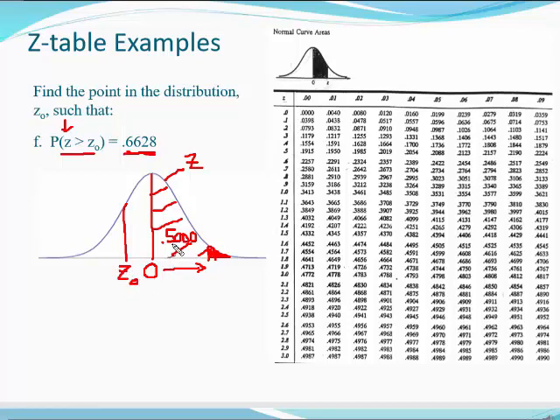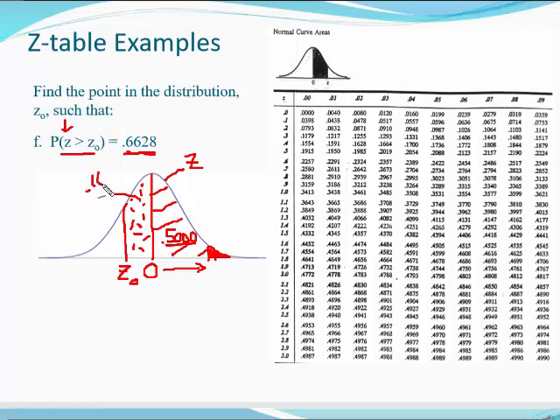So when I look bigger than z naught, I see the 0.5 here, and then I see this additional amount. This probability, if I want the total probability above z naught to be 0.6628, and I know there's 0.5 here, doesn't this have to be the difference between the 0.6628 I want to find and the 0.5 I know about?